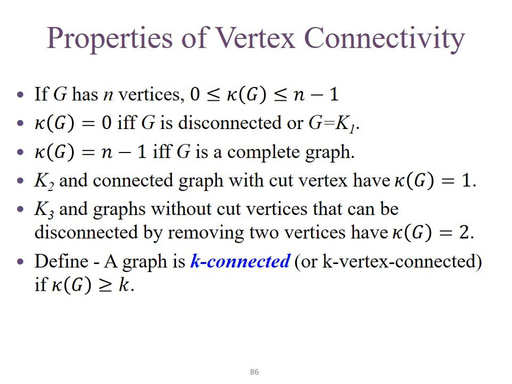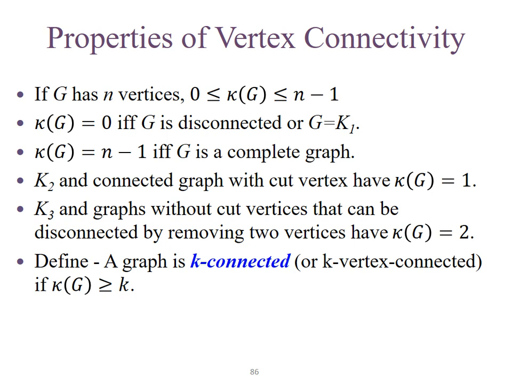Alright? And then for K2, K3, the kappa of G will be easy because it's a complete graph. So you need to remove one vertex or two vertices to make it have only one single vertex. So lastly, we can have a new definition for a K-connected graph.